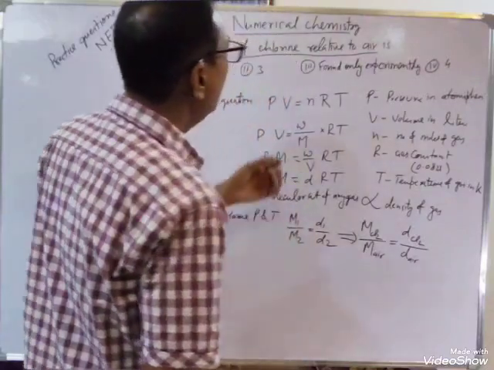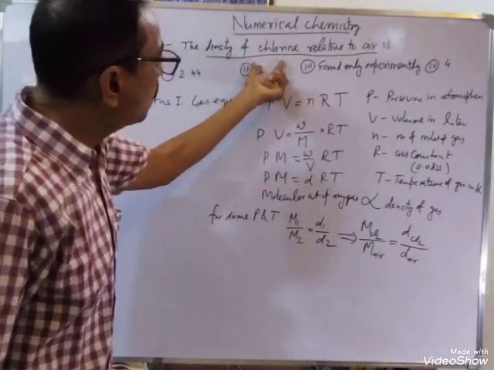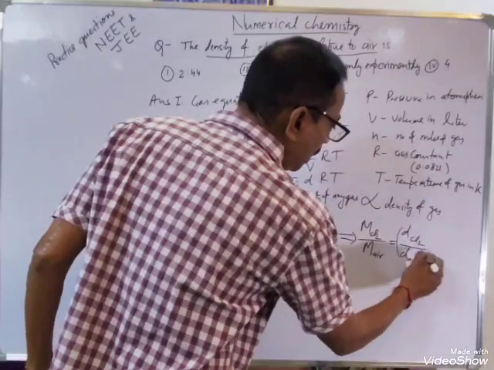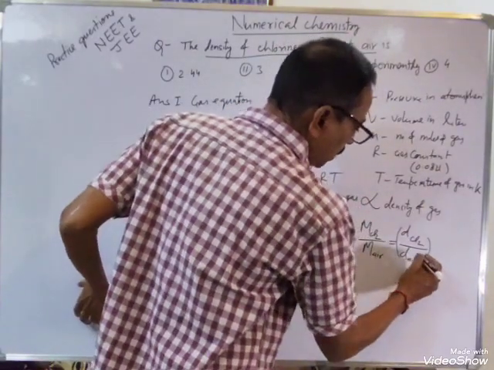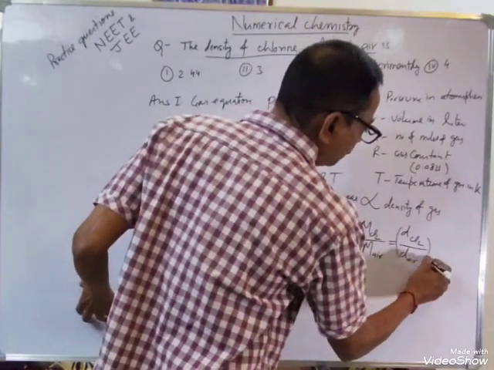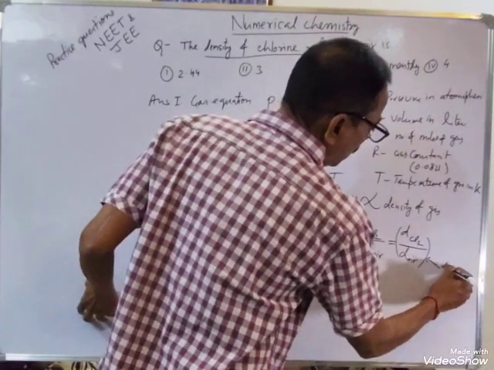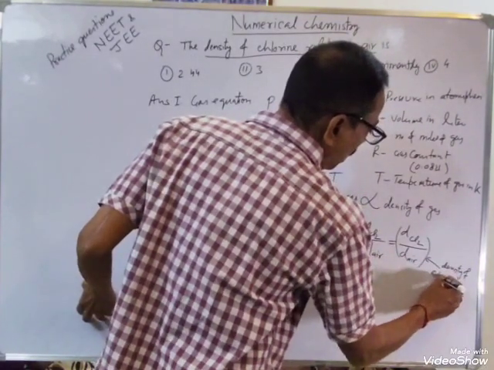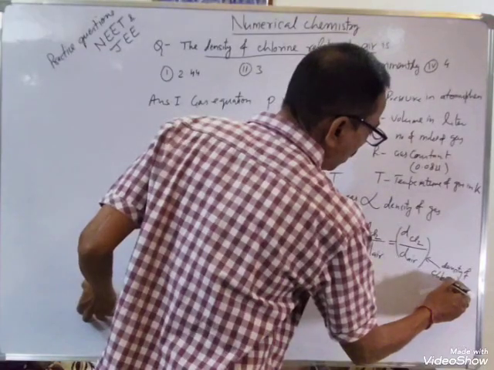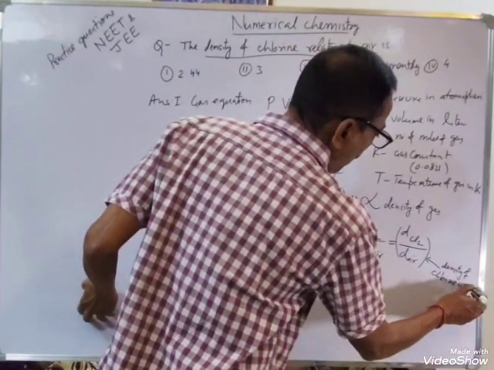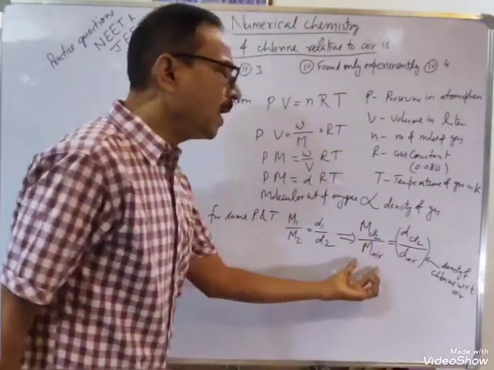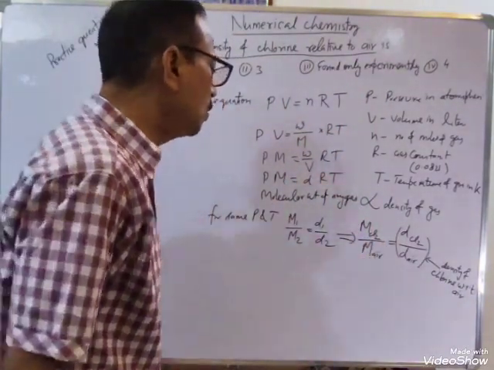So you have to find out the density of chlorine relative to air, the density of chlorine with respect to air. So it is just the molecular weight ratio.